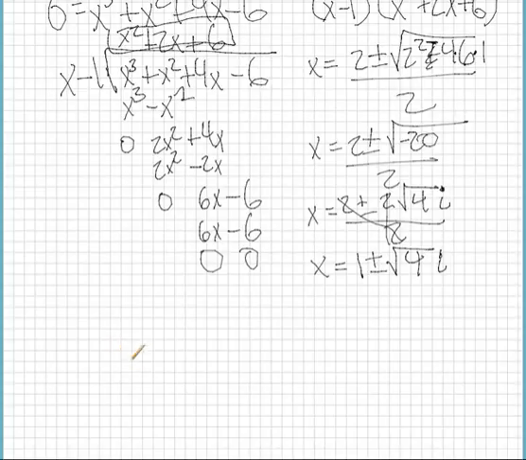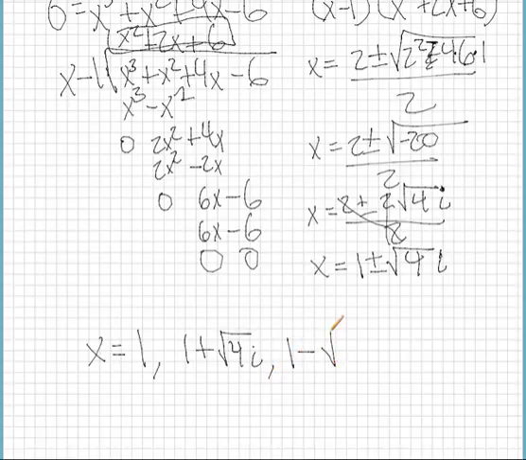So, and then our first zero was 1. So our answers are going to be 1 plus square root 4i, and 1 minus square root 4i. So these are your answers right there.